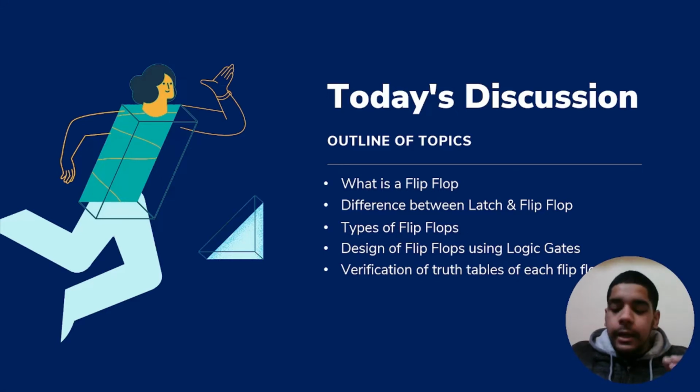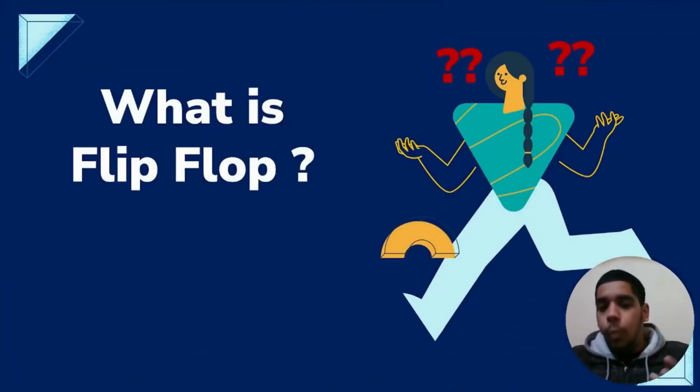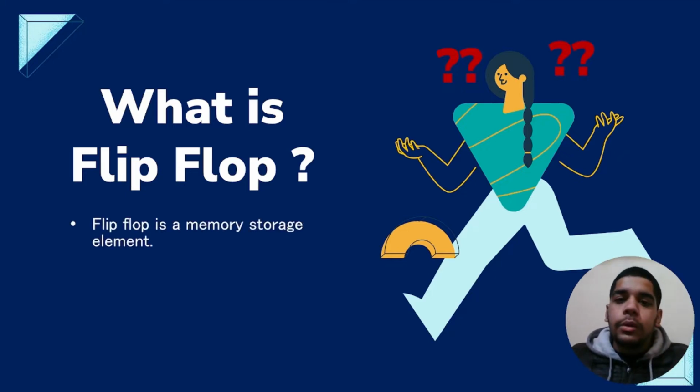So let's get started with the question: what is a flip-flop? If someone asks us what a flip-flop is, how can we define it? Basically, a flip-flop is a memory storage element. In a memory storage element, we can store something.